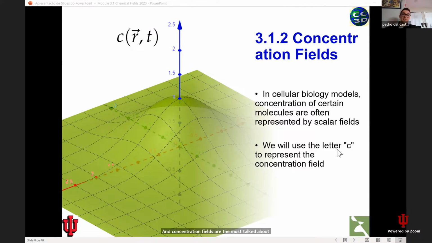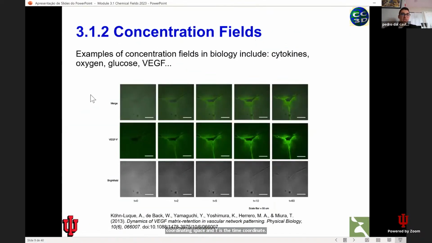They are represented by a scalar field because concentration is a number. In an equation we will use the letter C, where r is the coordinate in space and t is the time coordinate. Some examples of concentration fields would be cytokines, oxygen, glucose, VEGF.